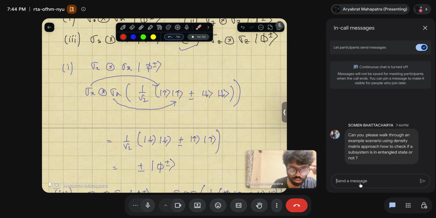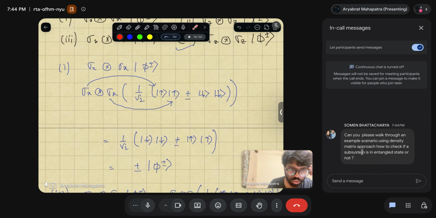Can you please walk through an example scenario using the density matrix approach? You mean like how? In density matrix also, instead of these product states, there will be density matrices.